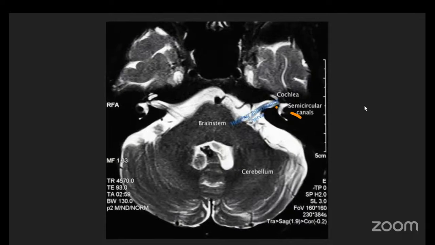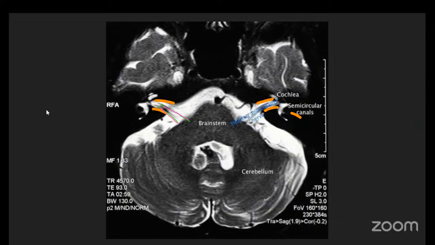You can also see the cochlea, and this here is the internal auditory canal. It is beautifully visible, and I am not sure if it is visible on your screens. It is on mine. There are two nerves that are coming outside, the facial nerve and the vestibulocochlear nerve.